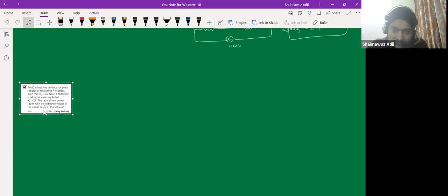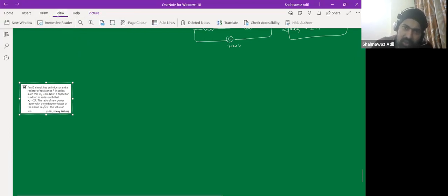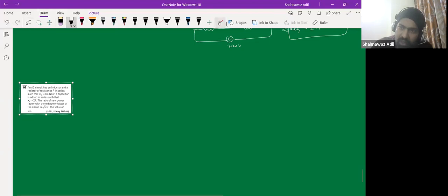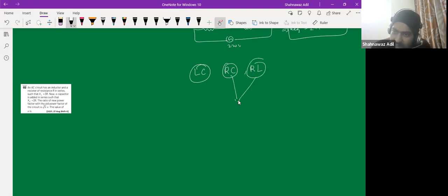Yes, like Shavi, in JEE there is LC oscillation, right? We have LC oscillation, because in CBSE it's not there. You have LC oscillation, RC circuit, RL circuit, all these circuits. In RC and RL you don't have a fluctuating current or fluctuating voltage supply.